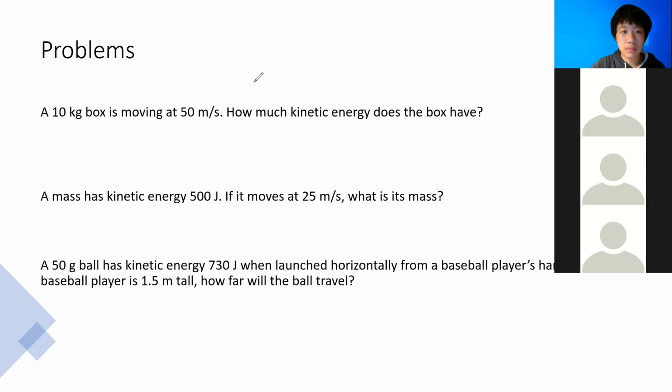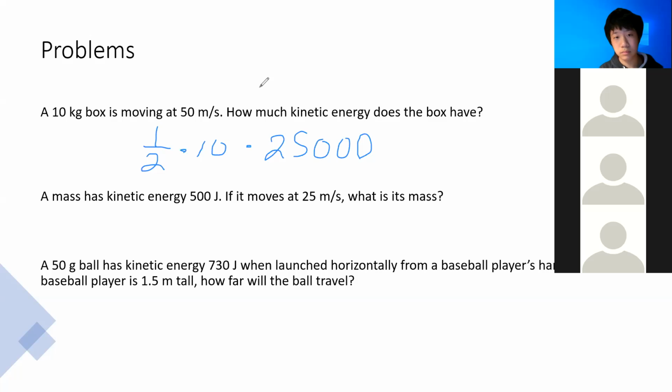For this, we just use the formula: the kinetic energy is equal to 1/2 times the mass, which is 10, times the velocity squared, which is 50 squared, 2500. So 0.5 times 10 times 2500 is equal to 12,500 joules. Yep, that's correct.